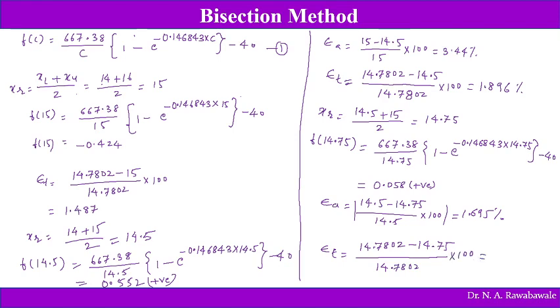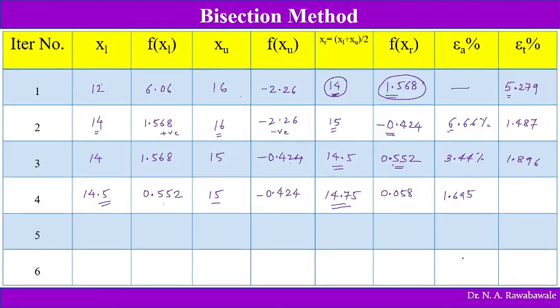Again the true error works out as 0.204%. So this is now below 0.5%, but the approximate error is still above 1.